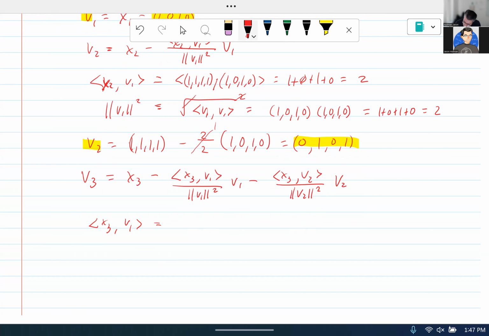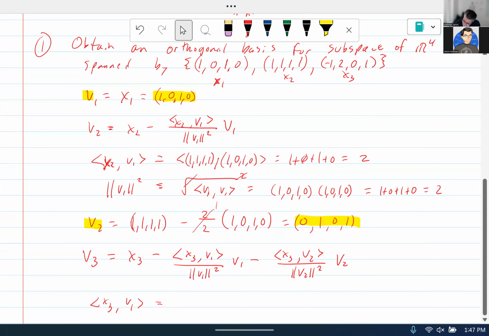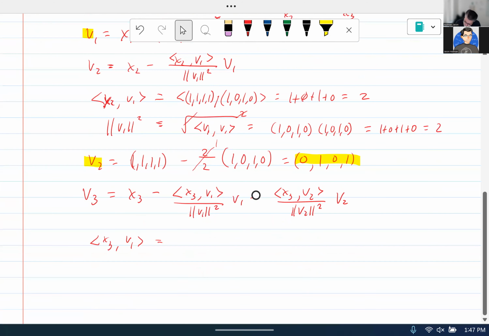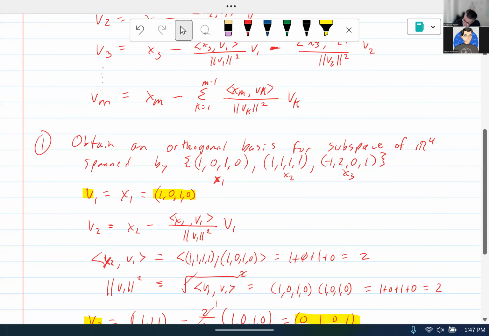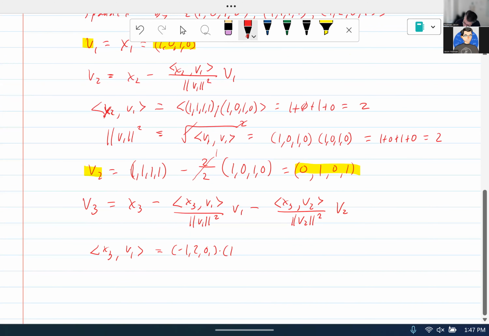So x3 with v1 is going to be negative 1, 2, 0, 1, dotted with 1, 0, 1, 0. And it looks like only one of these terms is going to survive.